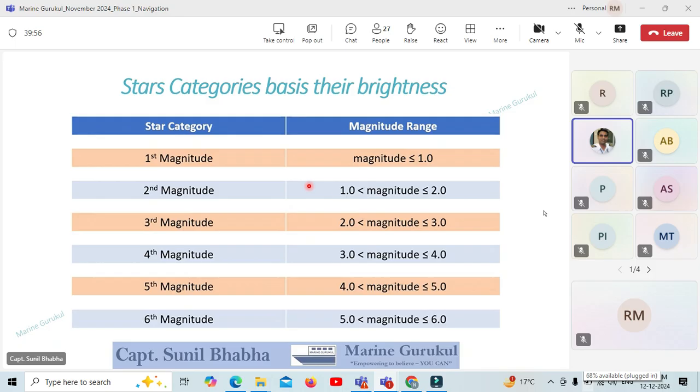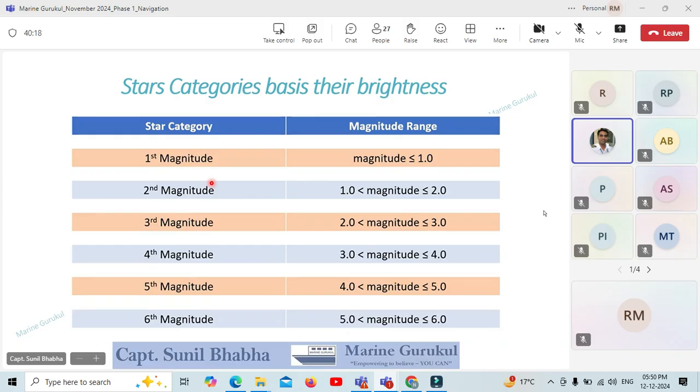All the stars having their magnitude less than or equal to 1.0, which also includes the stars in the negative stellar magnitude range, are called first magnitude stars.